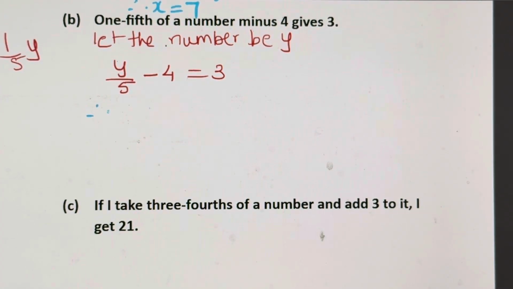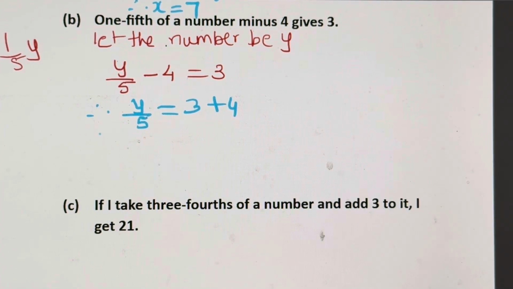Now we solve it. Again, remember the rule, we write y upon 5 as it is. Don't try to shift the 5. First we transpose minus 4 to the other side. We write 3 as it is because it is on that side only, and minus 4 is transposed here and becomes plus 4.